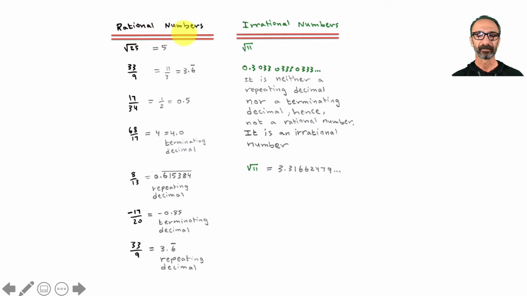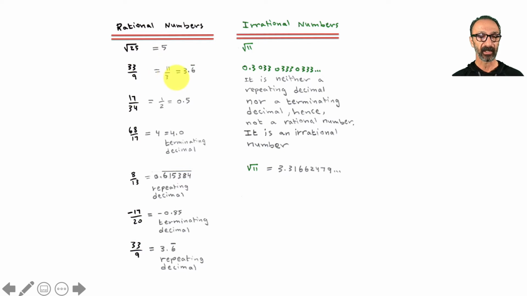Rational numbers. Square root of 25 is 5. That's an integer. Could be written as 5 over 1, as I mentioned. 33 over 9 is 11 over 3 simplified, or decimal form 3.6 repeating. Repeating means rational. Terminating means rational.